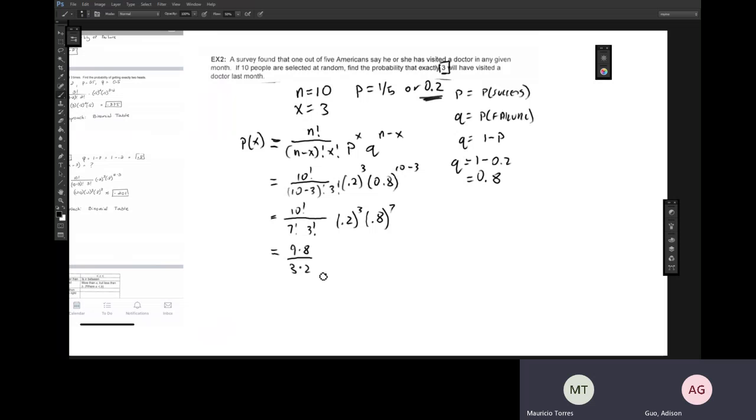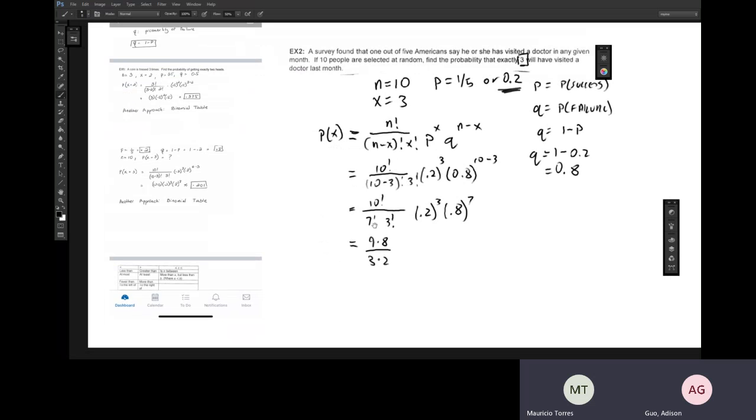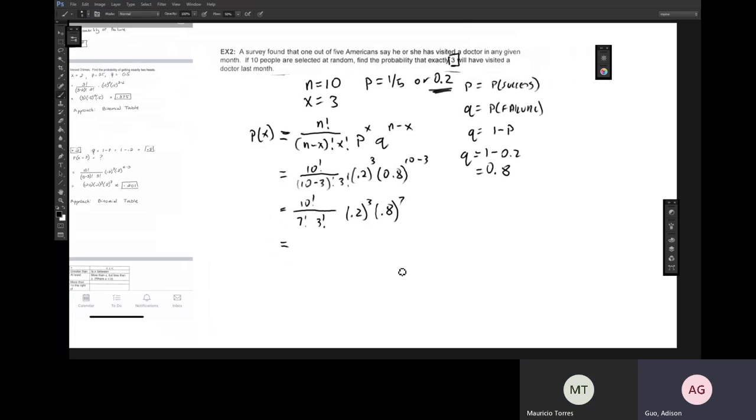That's the part where I'm kind of confused. You don't really need to worry about this unless you don't have a calculator, I'm just simplifying it.